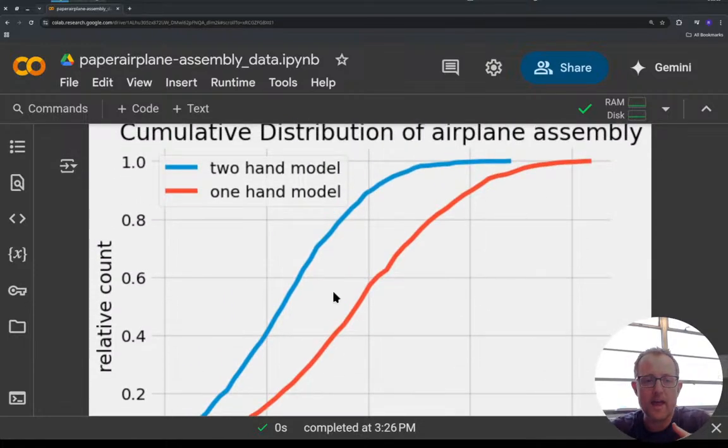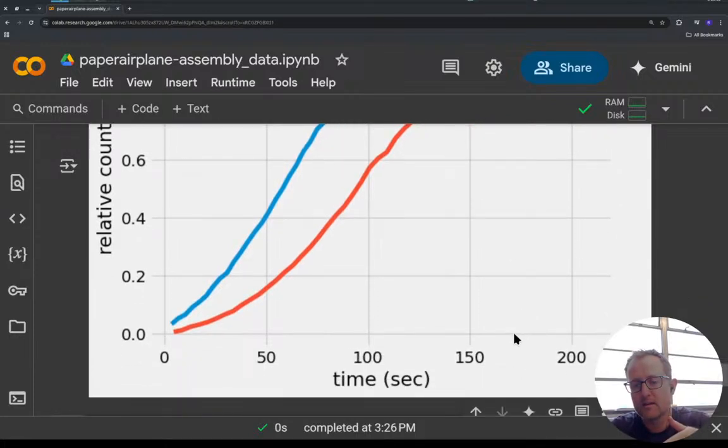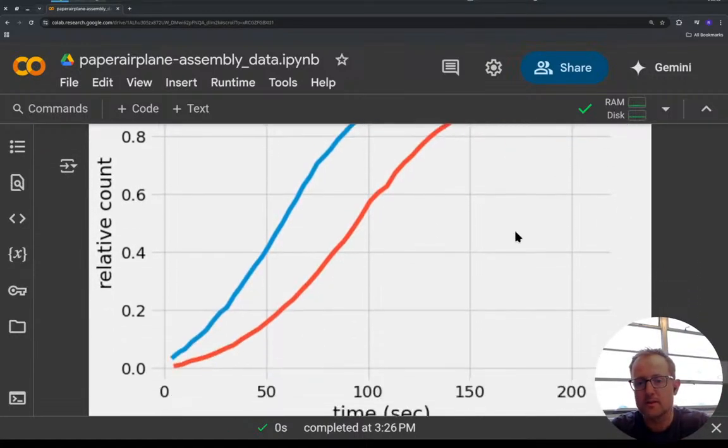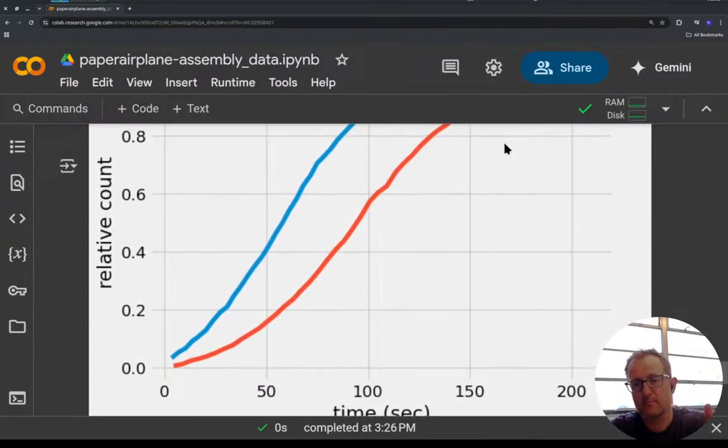And now I can look at 100% of my two-handed planes were built in less than, let's call it 170 seconds, in the 1,000 builds, right? So over 1,000 different builds, 100% is definitely less than 200 seconds.